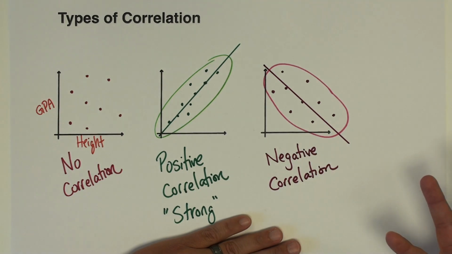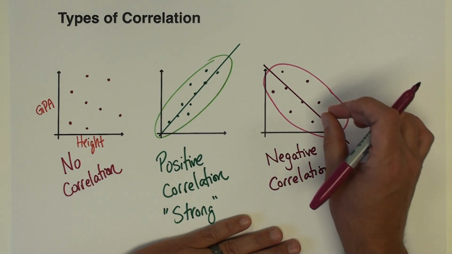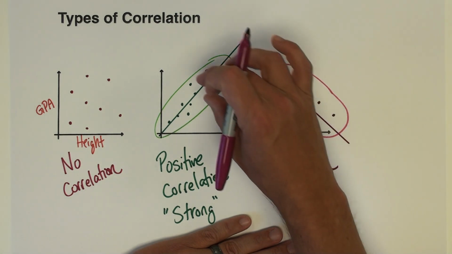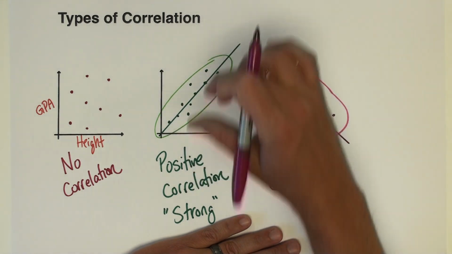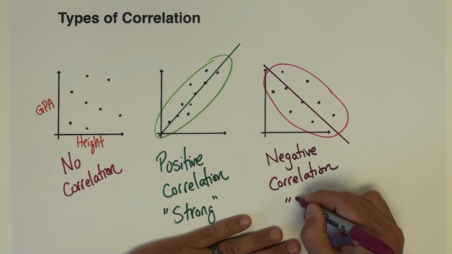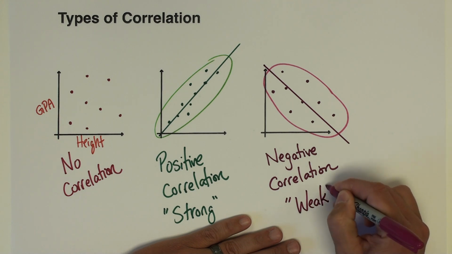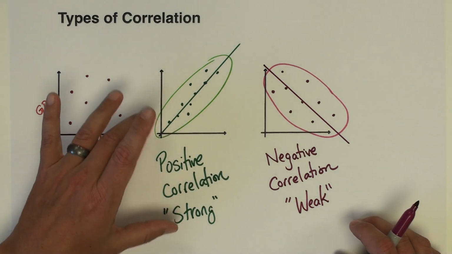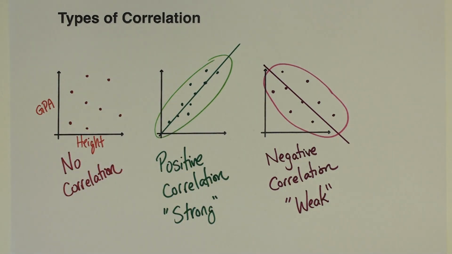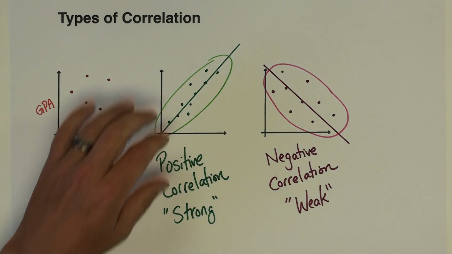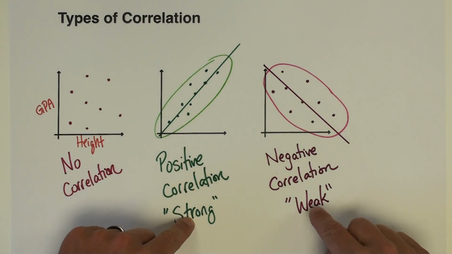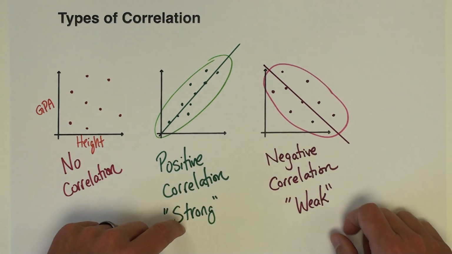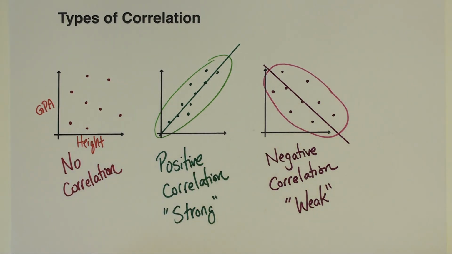And if I were to describe the strength, notice the points are further away from the line than what we saw over here, where they were really tightly clustered around that line. So I might describe the strength of this correlation as weak, as opposed to strong over here. So that's the things that we could see. We could see positive correlations that show either a strong or a weak relationship, and negative correlations that show either a strong or weak relationship between the variables.